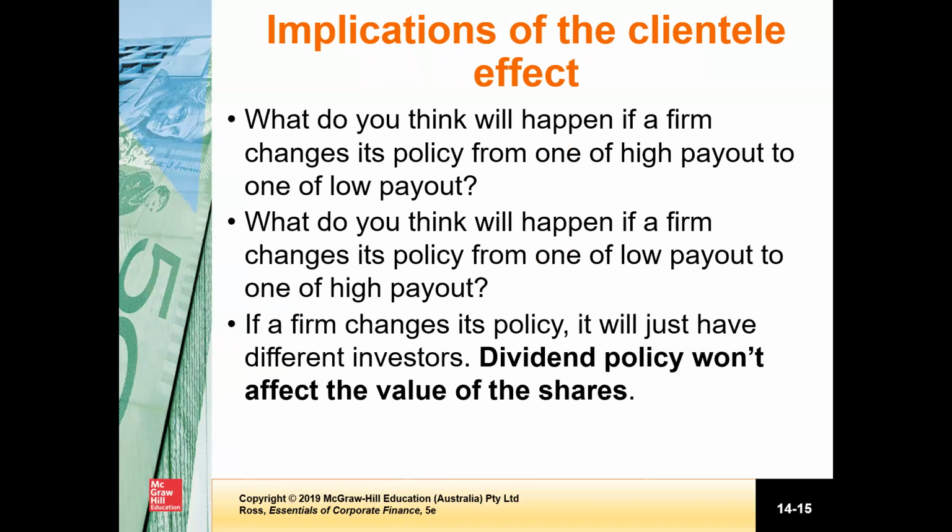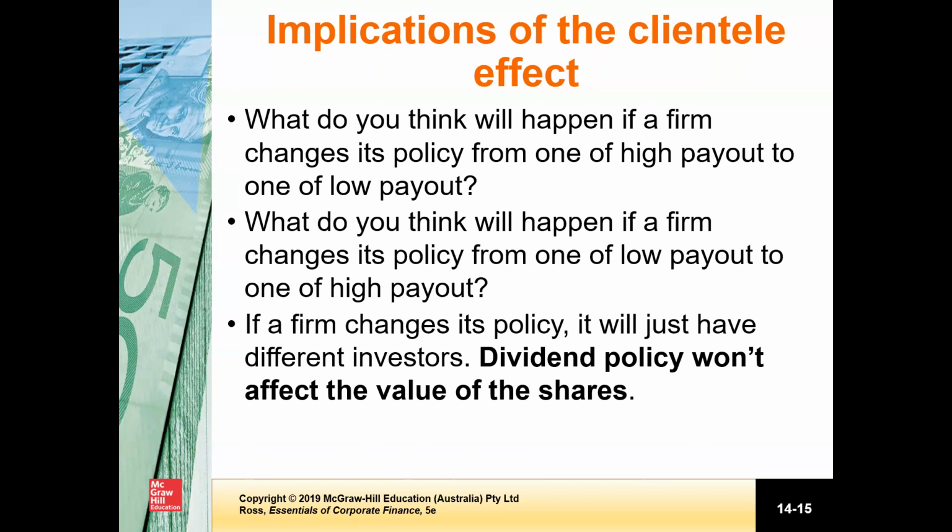Now, the implications of the clientele effect. So far, our discussion of the clientele effect leaves us with a simple supply and demand argument. Suppose 40% of all investors prefer high dividends, but only 20% of firms pay high dividends. Here, the high dividend firms will be in short supply, so their share price will rise.